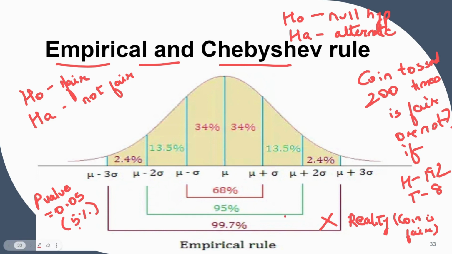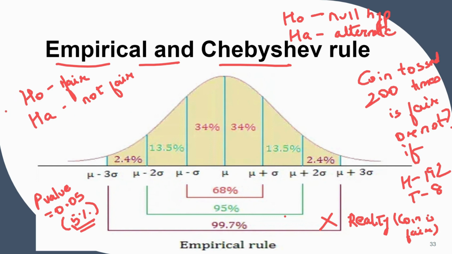But we can see that the probability of making a type 1 error is 5%, and we say that okay, 5% is not a big number. So whenever our p value is 0.05 or less, we can reject the null hypothesis safely. We will be doing this kind of hypothesis testing in the coming videos.